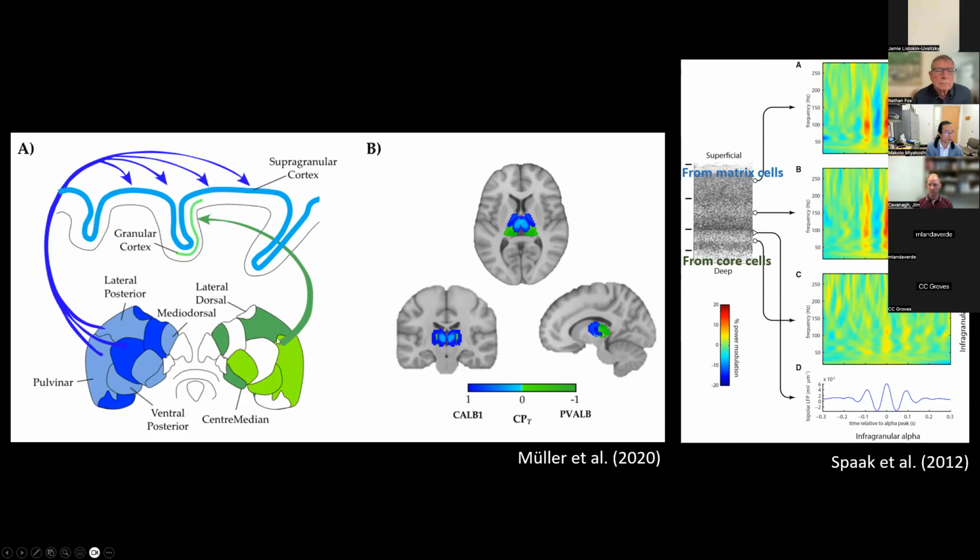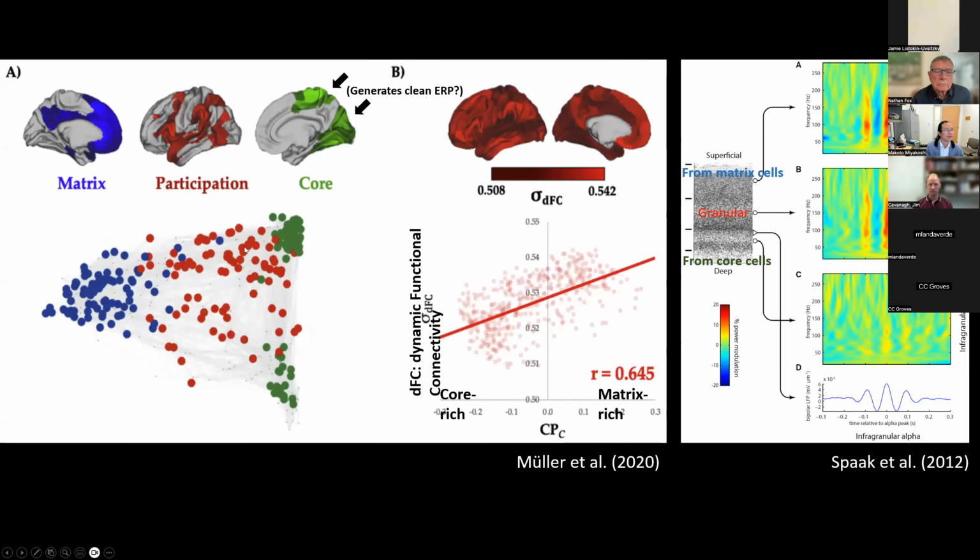So the anterior part is mainly the matrix cells, and the posterior part is mainly the core cells. And this is the matrix cell projection destinations, and these are the core cells' projection destinations. And I immediately noticed that these core cells are associated with the brain regions that show beautiful ERPs, like visual evoked potentials, or the motor-related mu rhythm or stuff like that.